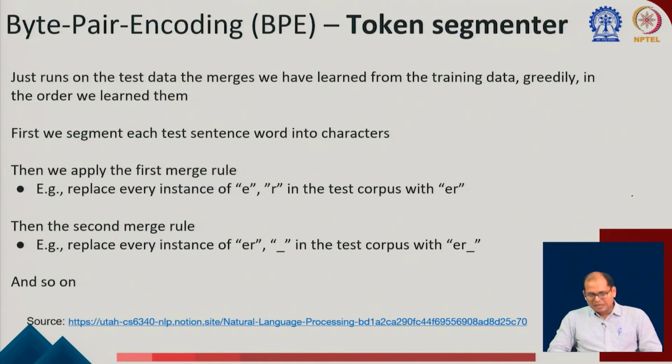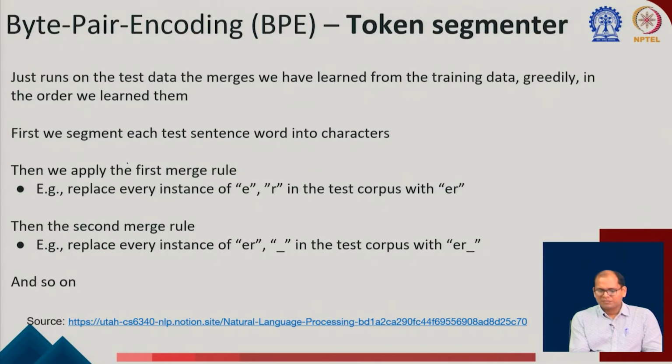Okay. Now, this was the token learner phase. After this phase, you have your tokens in your vocabulary. There is also a token segmenter phase. That is, when you give a sentence, it has to be converted into the actual subwords, right? What will happen in the token segmenter? It's very simple. Once you give a sentence, it will just use the merges that you have learned and apply them one by one.